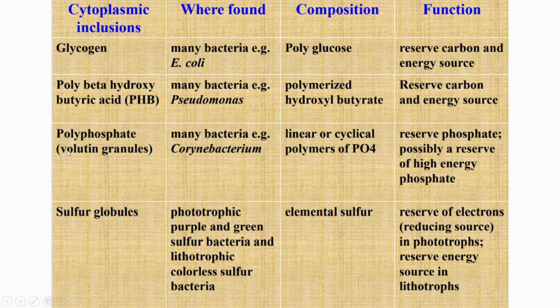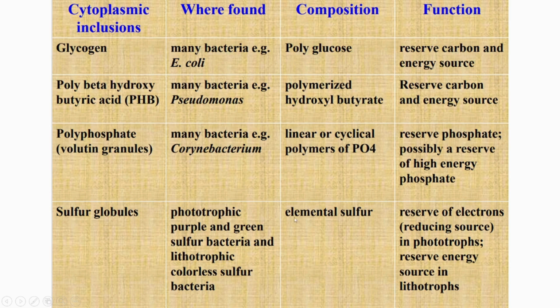Polyphosphate is also called volutin granules. This can be seen in many bacteria. The best example is Corynebacterium, and it reserves phosphate, possibly a reserve of high phosphate energy, which is used during the respiratory chain reaction and other enzymatic reactions.